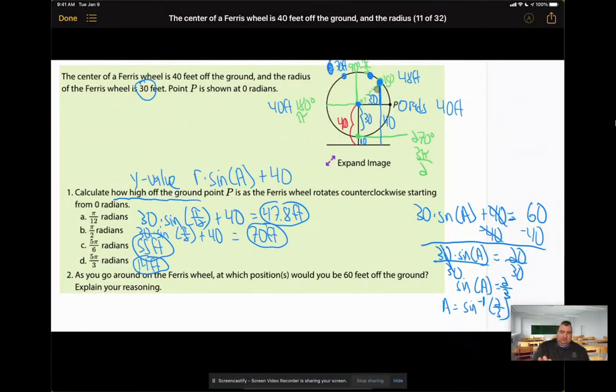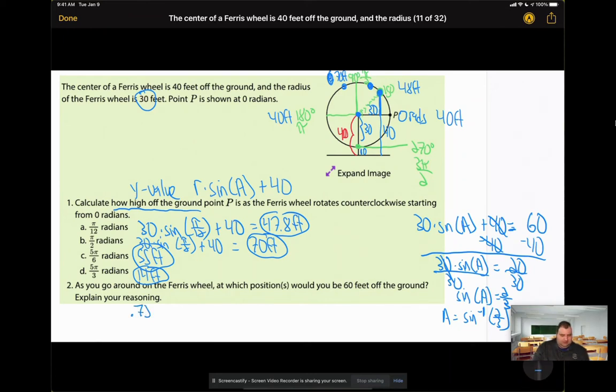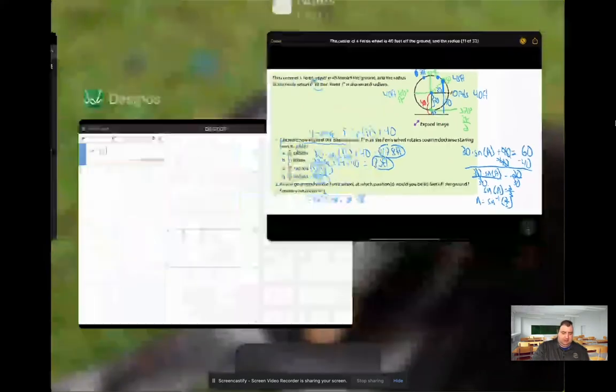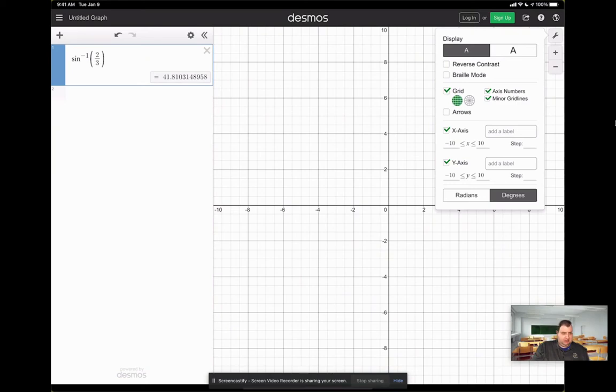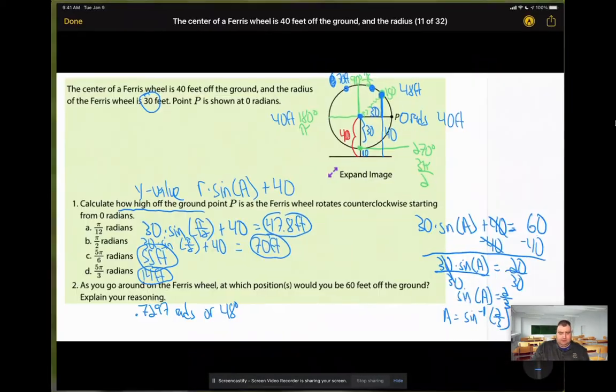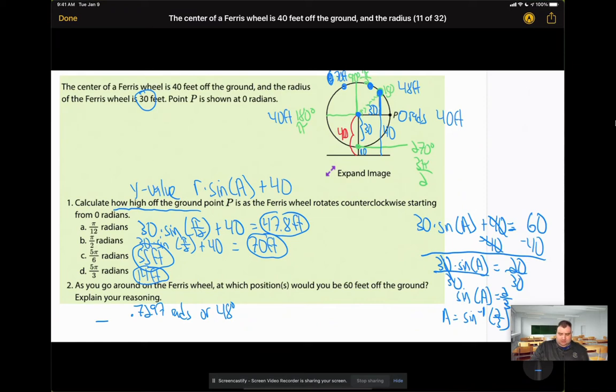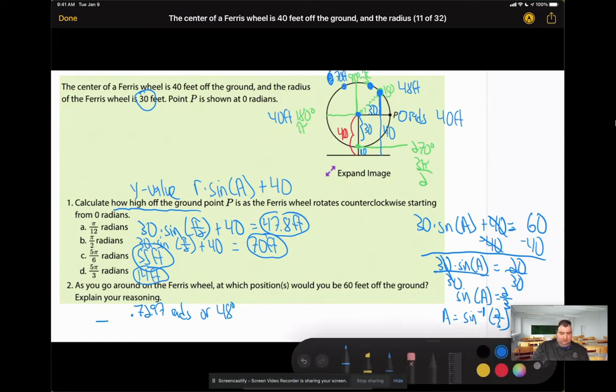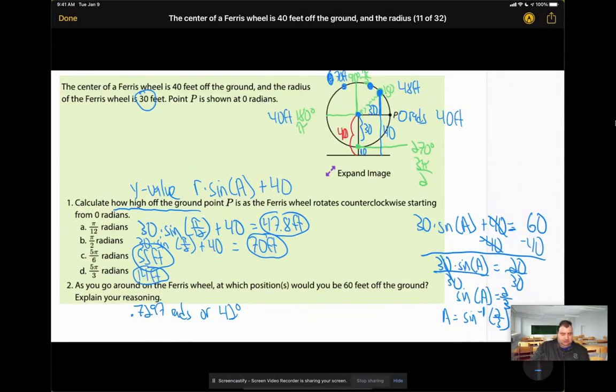So that's going to be 0.7297 radians. Or what did we say? It was about 48 degrees. If we change it to degrees, 42 degrees, excuse me. So it's 0.7297 radians or 42 degrees. Okay, so this angle right here is 42 degrees.